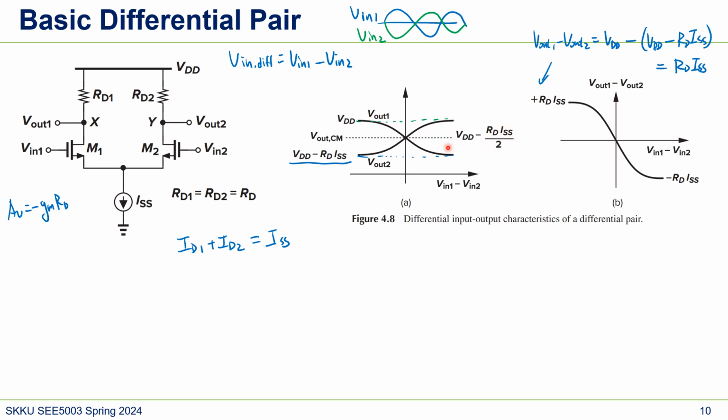That's V out CM. And as we discussed, is this dependent on the V in CM? No. So that's a good part of this current source-based differential pair, that this is independent from V in CM. That's a good part.